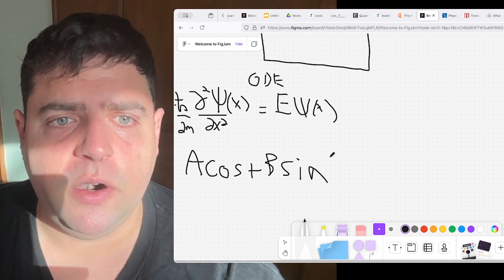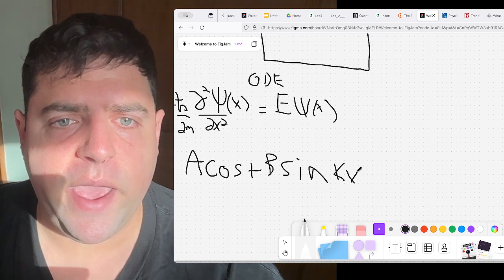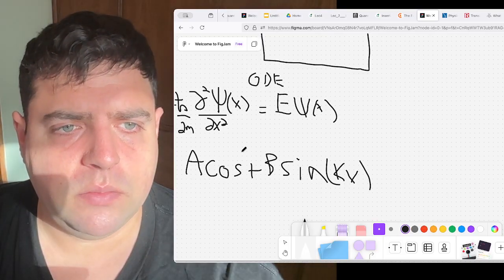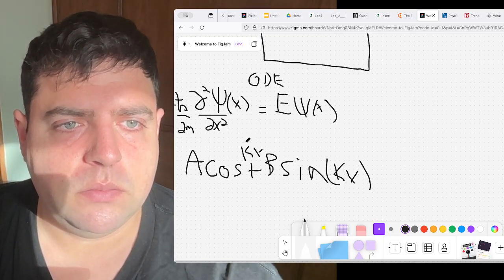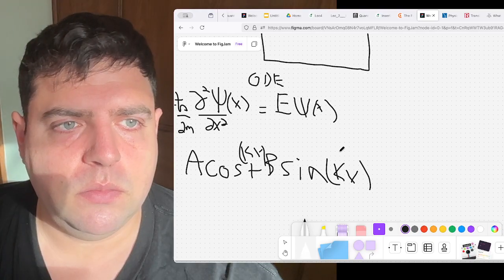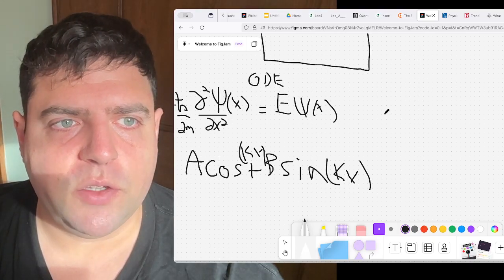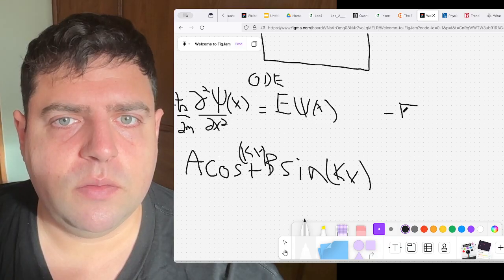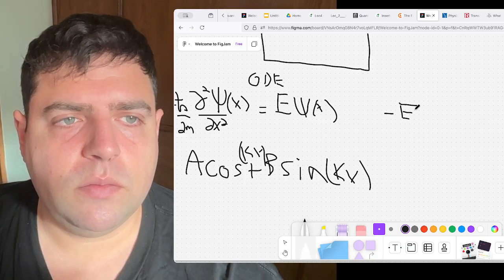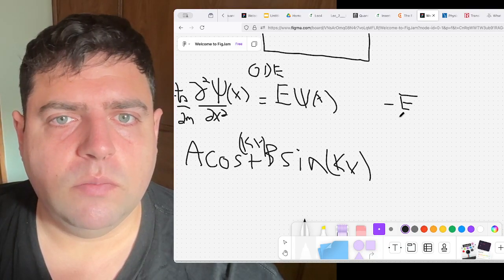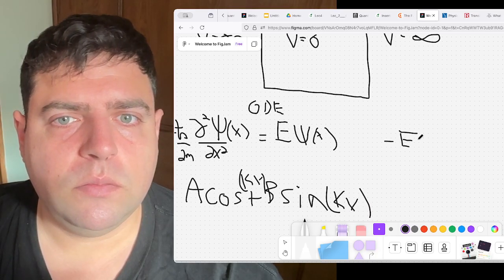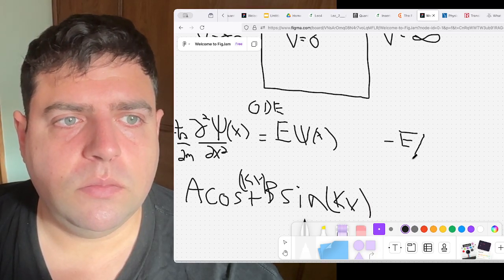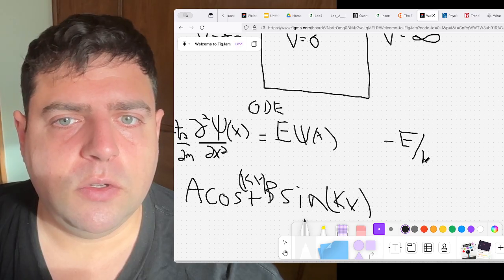In particular, it's going to be of kx, this argument here. And that's going to take the form of k equals the square root of 2mE over h bar squared. Okay.